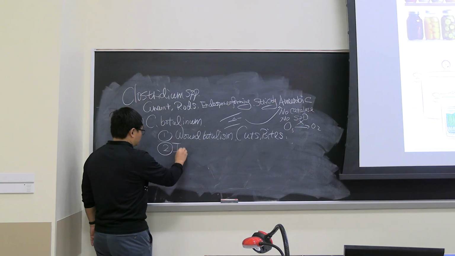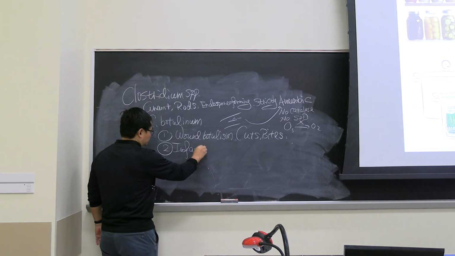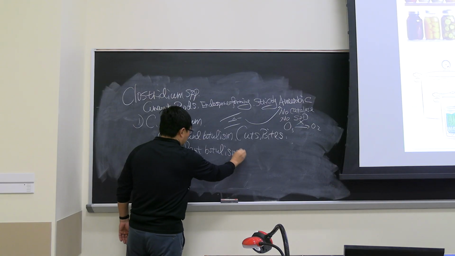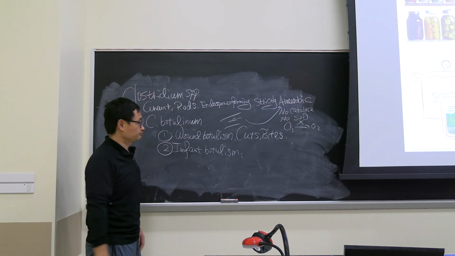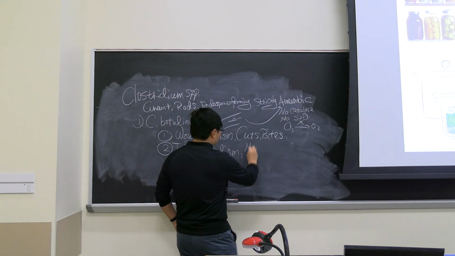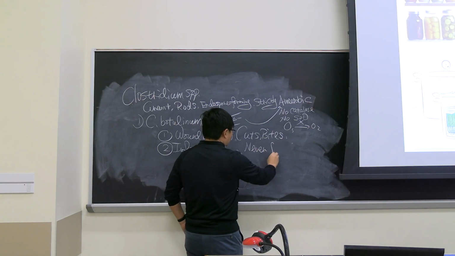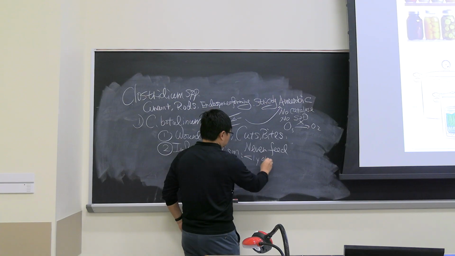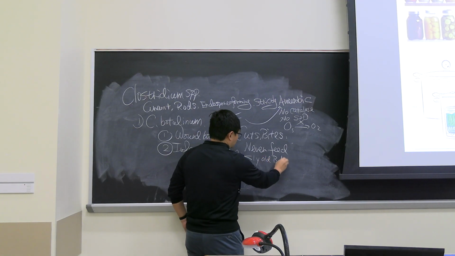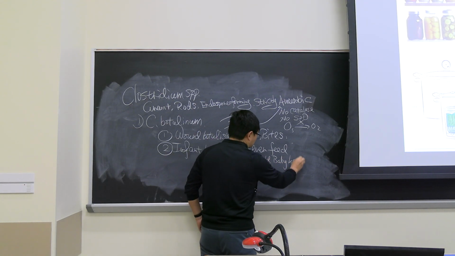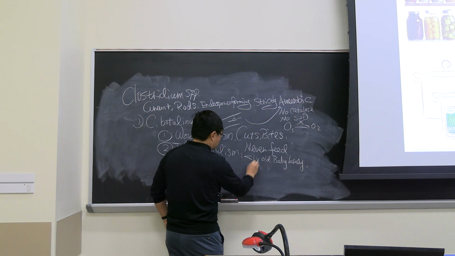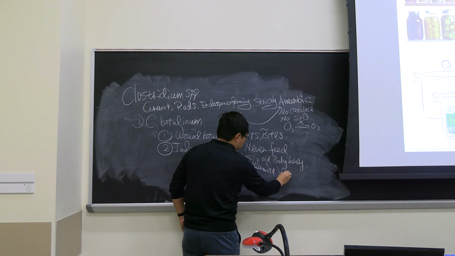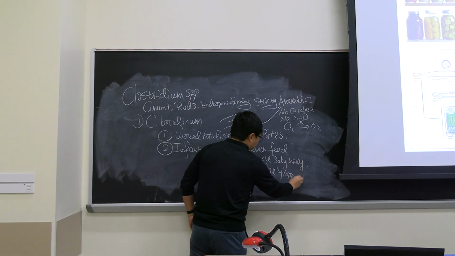Number 2, infant botulism. So remember one sentence, for the joke: never feed a baby less than 1 year old honey, because otherwise you may have a floppy baby.